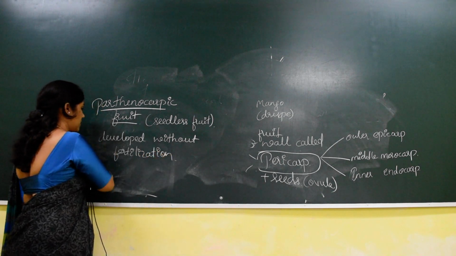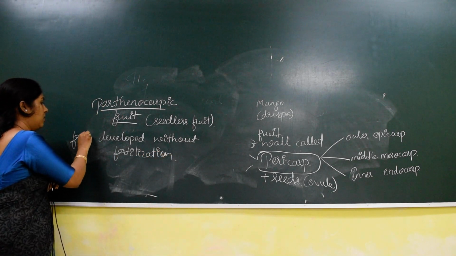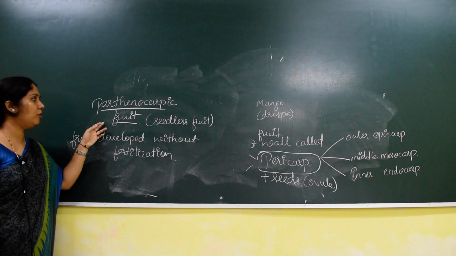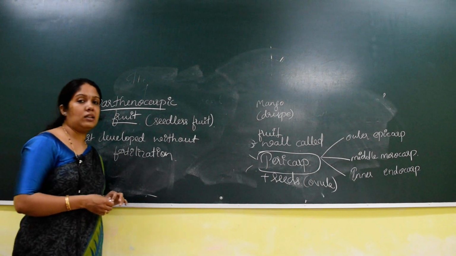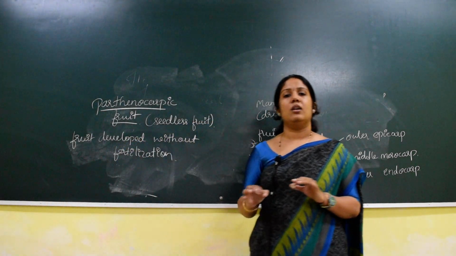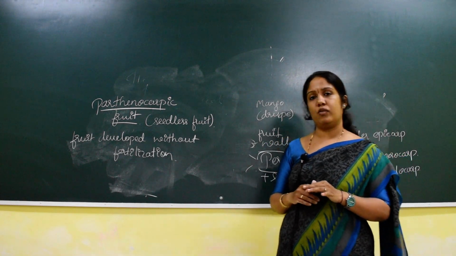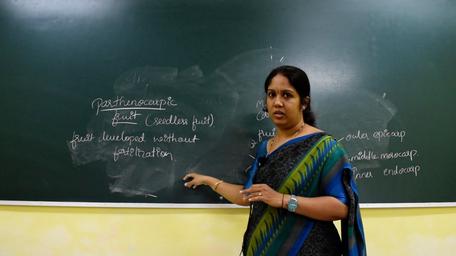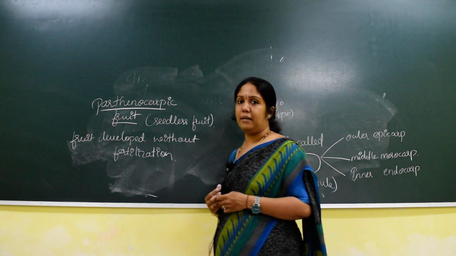If the fruit is developed or formed without fertilization, then that type of fruit is termed a parthenocarpic fruit. Very important definition. The parthenocarpic fruit is a fruit which is developed without fertilization, meaning there is no fusion of gametes.